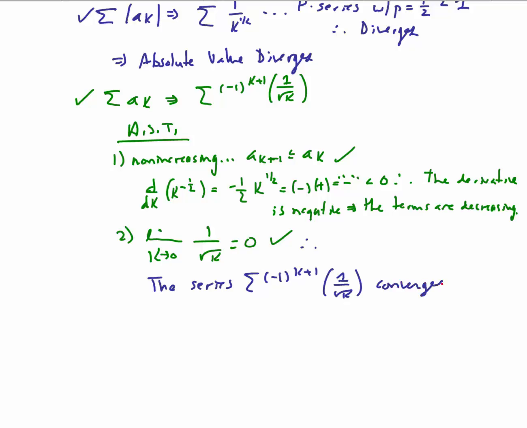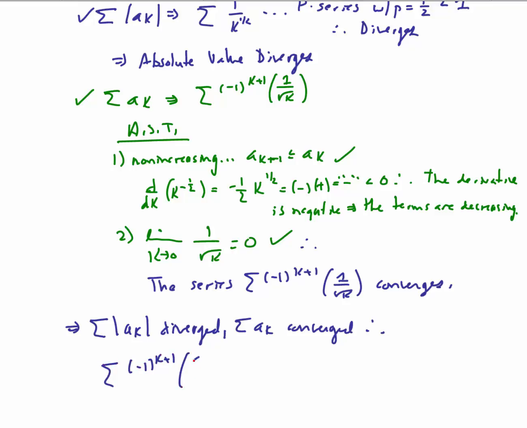Okay, so let's summarize what we have here. We have the absolute value diverged, and we have the series itself converged. Therefore, the series converges conditionally.